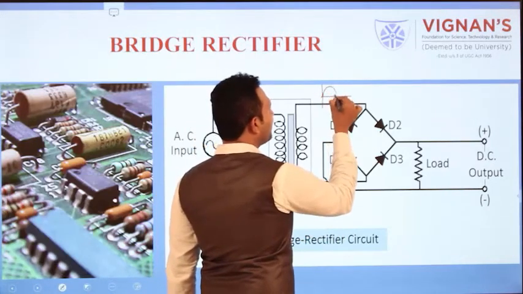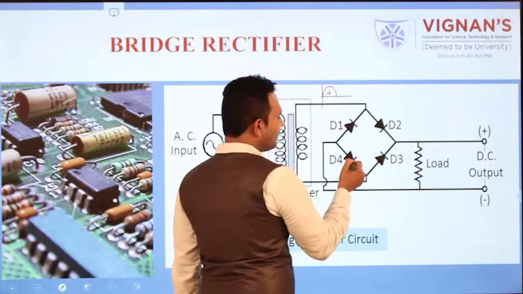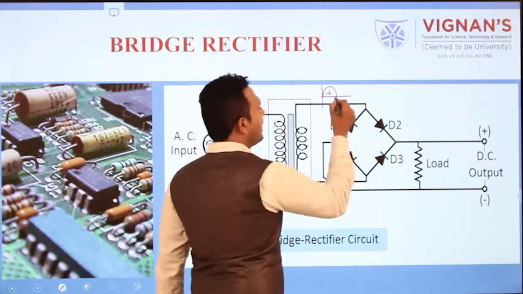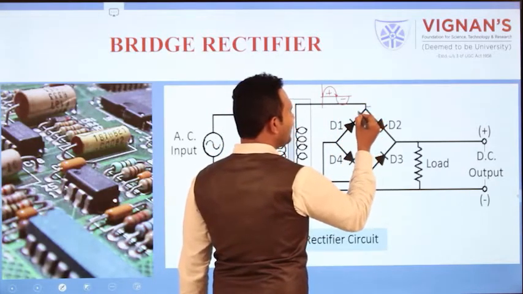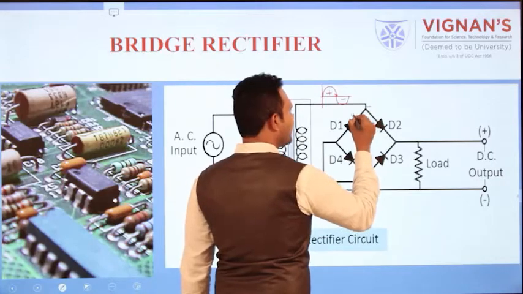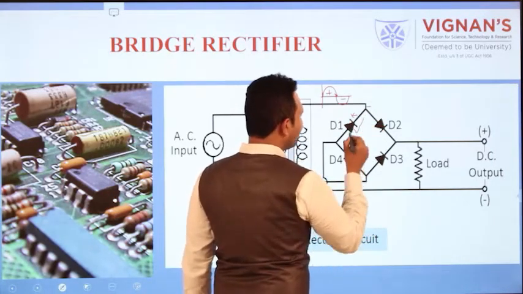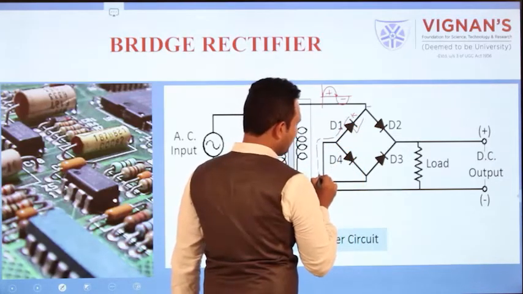Diodes D2 and D4 are working, in forward bias. At the time of the negative peak, negative is connected to this cathode, so this diode D1 is in forward bias. Current passes from here to here.